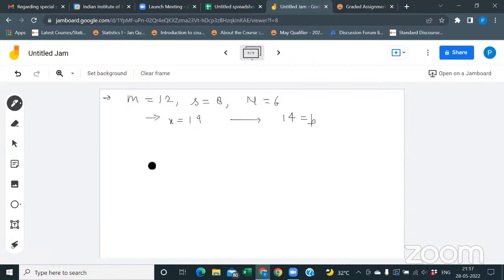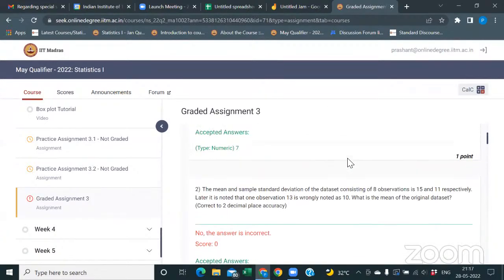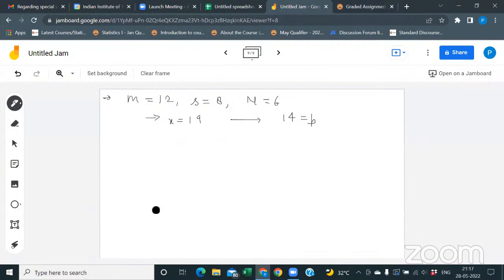Okay, now first you have to calculate the correct sample variance. Before calculating sample variance, you have to calculate the sample mean, right? For the mean, you know, it is the sum of observations divided by the number of observations.